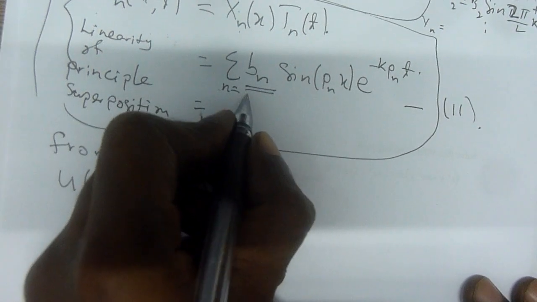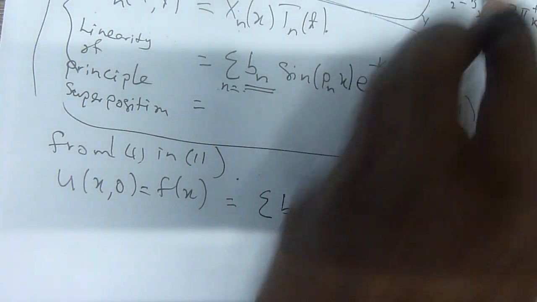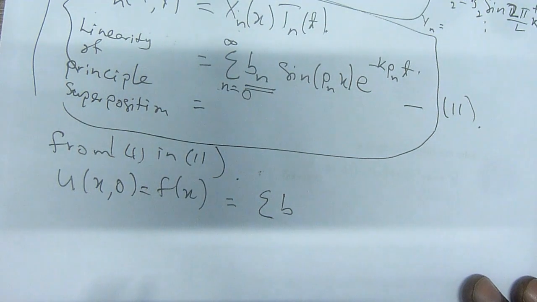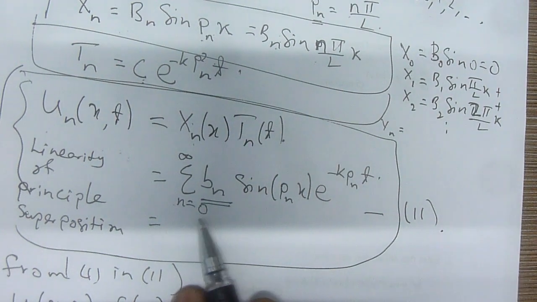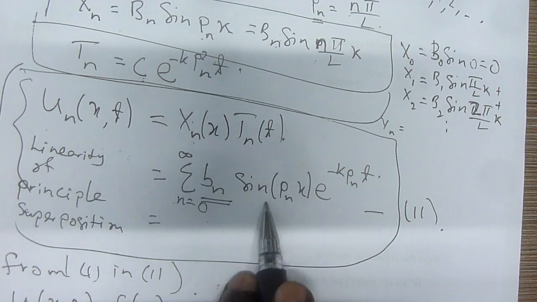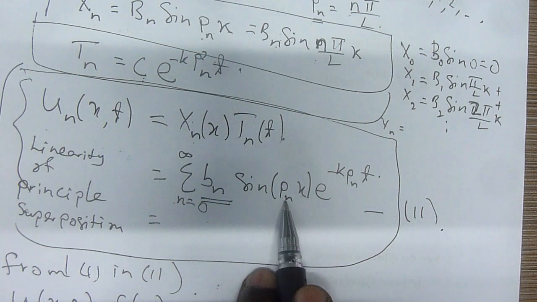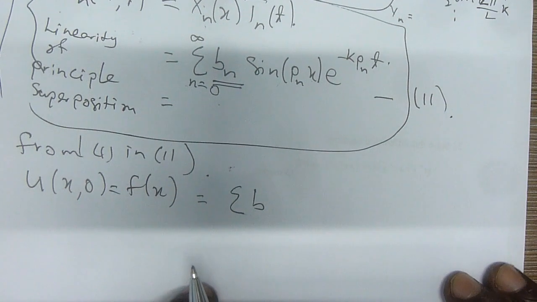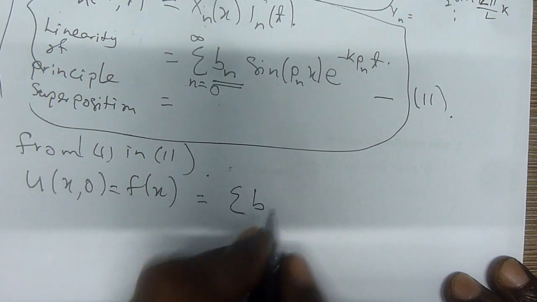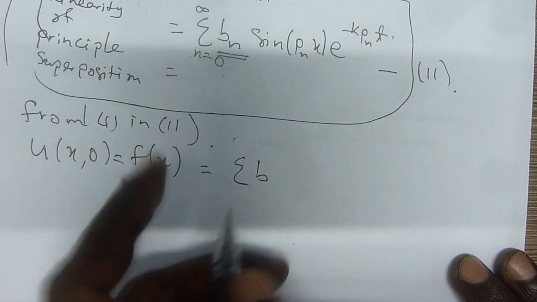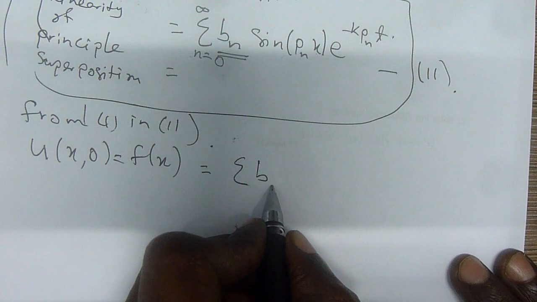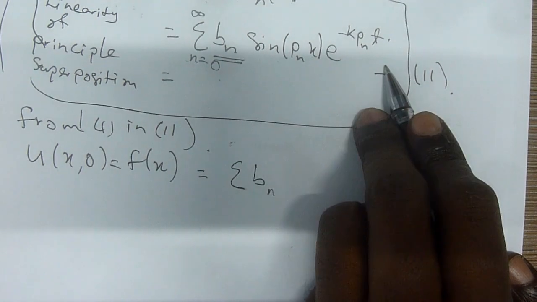Remember, can I start with 0? Can, because n starts with 0, but no point for the sine. But anyway, keep it to this. You should know n must begin with 0, it cannot start with 1. Therefore this is 0, but don't worry, when you place the 0, it will automatically disappear. Therefore, in this particular case, you will have Bn, and the e to the kPt term will disappear.